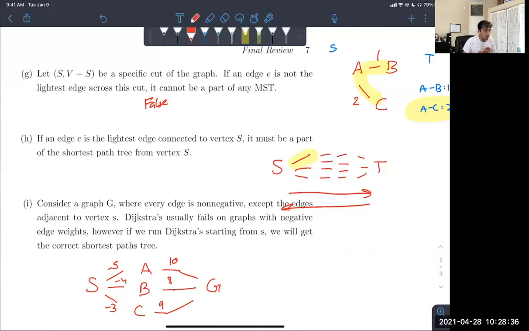And we would want to use this exact same edge if we want to create a path from S to T and vice versa from T to S, because it is the lightest edge. And the only way to get to S or get from S is using that edge. And especially if that's considered part of the shortest path.